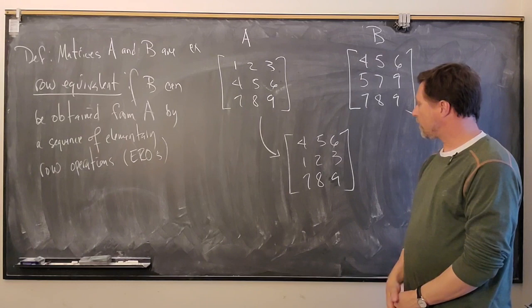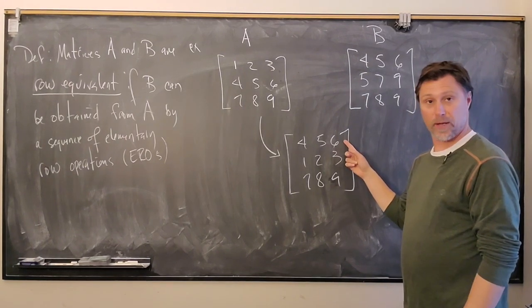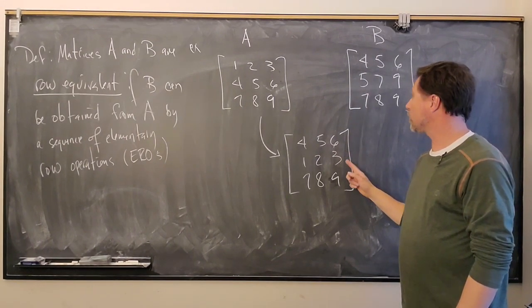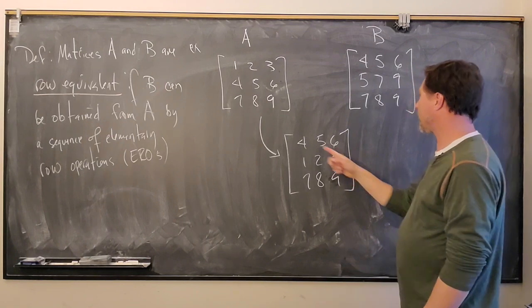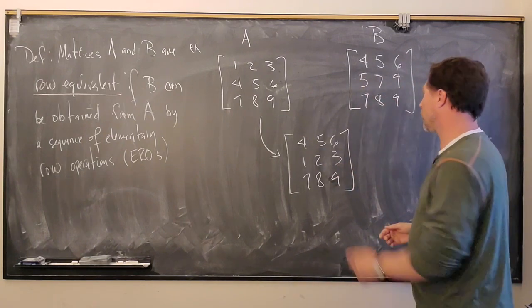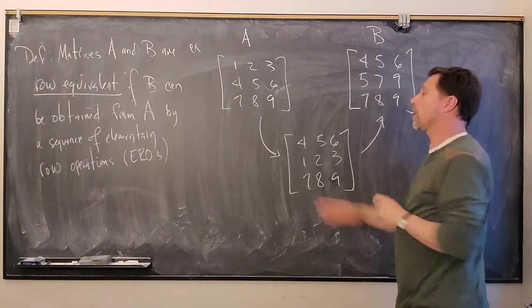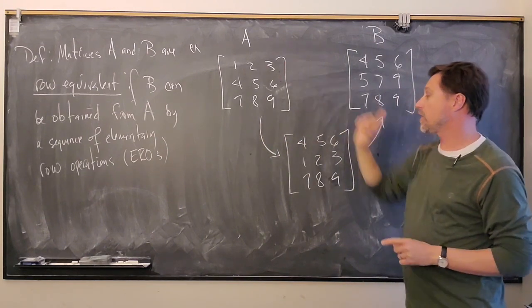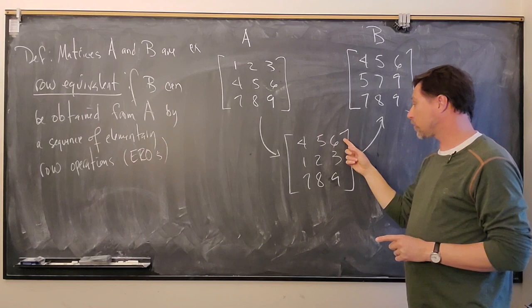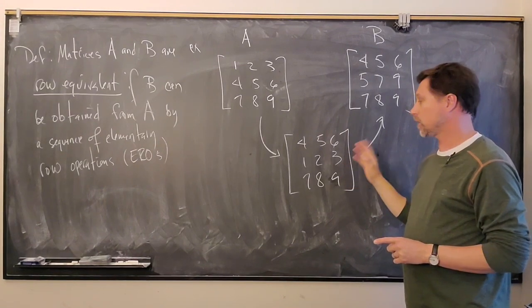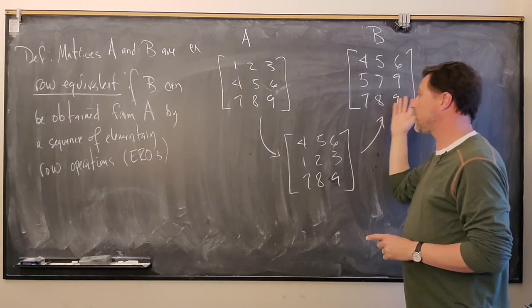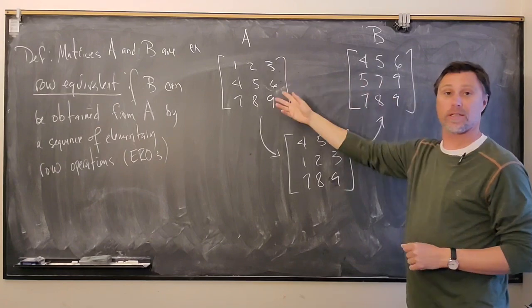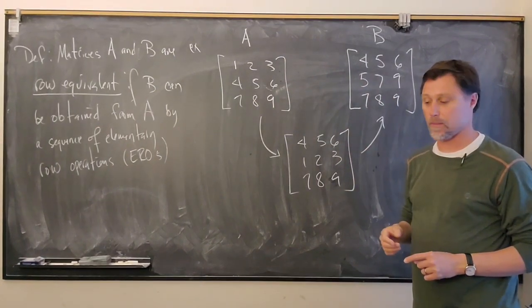Now, if I take row 1 from this matrix right here and add it to row 2, notice what I get. I get 5, 7, 9 in that second one. So by performing 2 elementary row operations, the first an interchange, the second adding the first row to the second row, we end up with B. That tells us that these two matrices, A and B, are row equivalent.